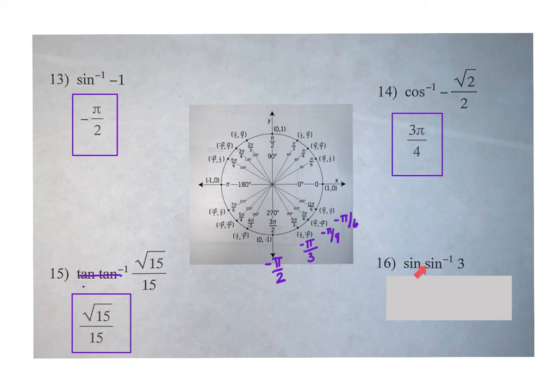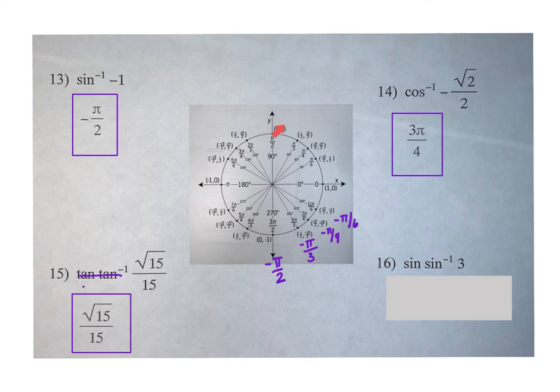Let's look at sine. For sine and cosine, the only issues I have is if it's outside of my domain. The domain for cosine is from positive 1 to negative 1. The domain for sine is positive 1 to negative 1. So as long as it's within that domain, we're good to go. However, look at this one. We want the inverse of sine of 3. 3 is the y value they're talking about.